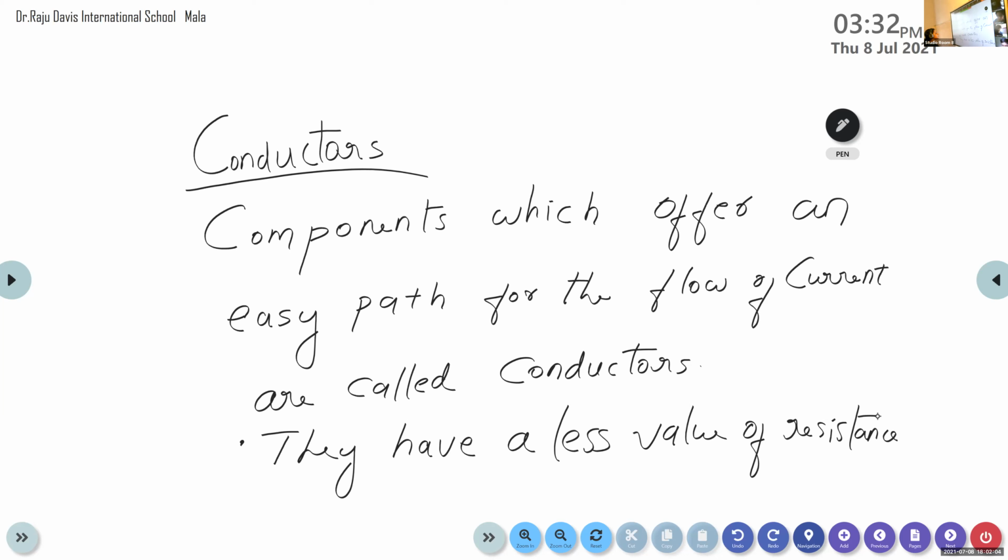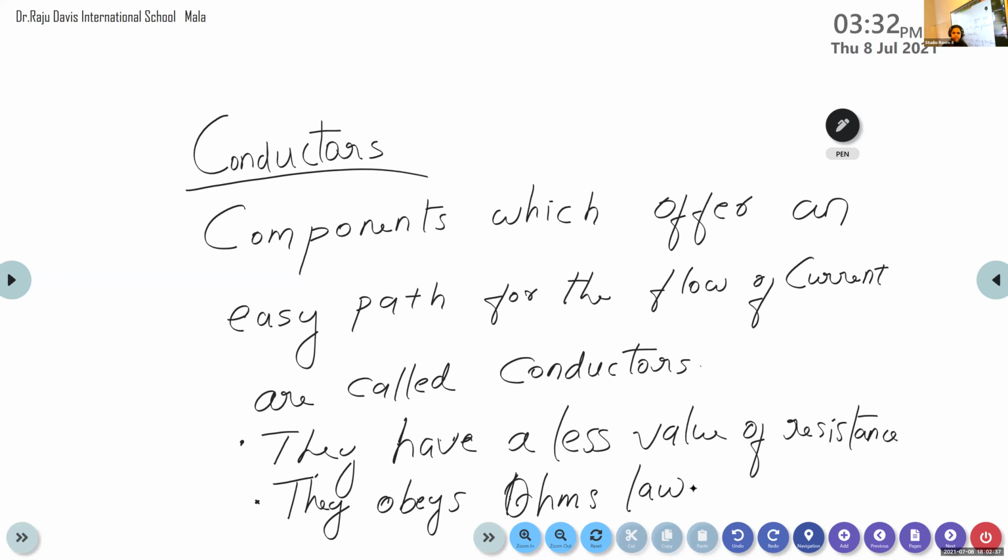And one more point associated with these conductors, they obey Ohm's law. So conductors are the components which offer an easy path for the flow of current because they have a less resistance, so they obey Ohm's law.